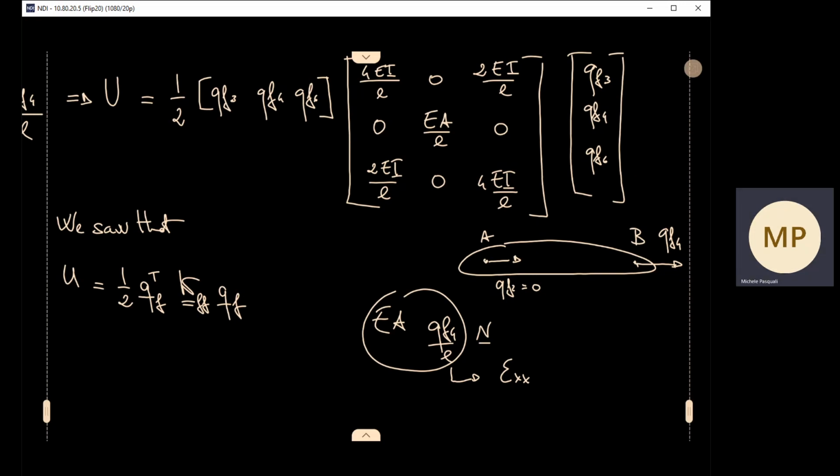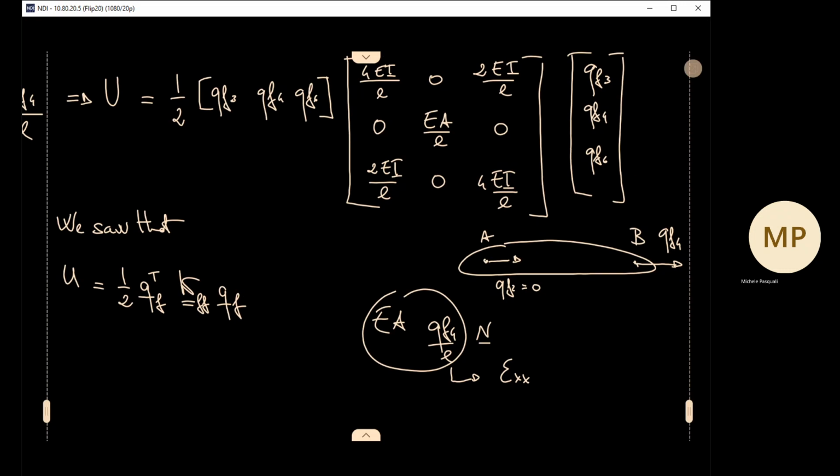It makes sense. The same goes for these terms here, which are a little more complex because you have two different quantities associated to flexural deformation, so you have to sum them. This is the only one associated to axial deformation, so you can judge it right away.